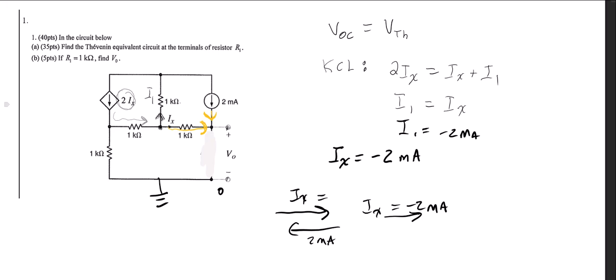Let's look at this voltage right here. Somehow, when I did this before, I just looked at it and I had the answer.